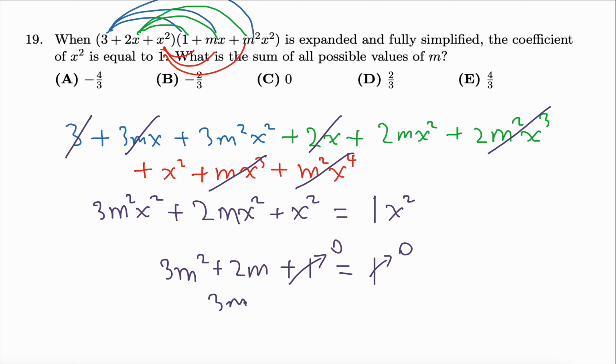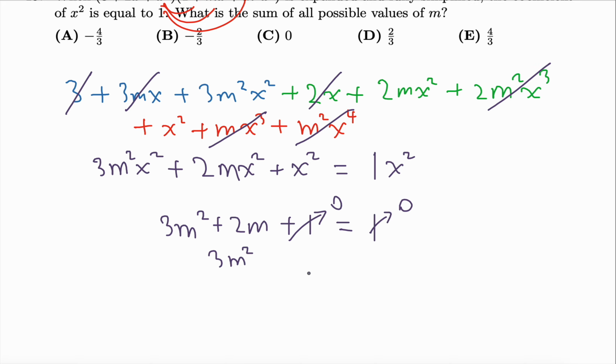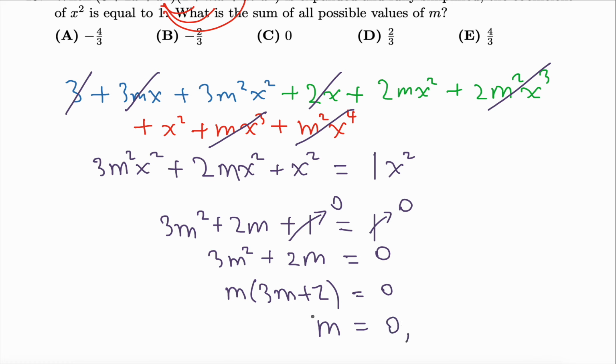Right? So essentially we have 3m squared plus 2m equal to 0. Factoring out the m, we get m times 3m plus 2 equals 0. So what are the two possible cases for m? It's either going to be 0, right?